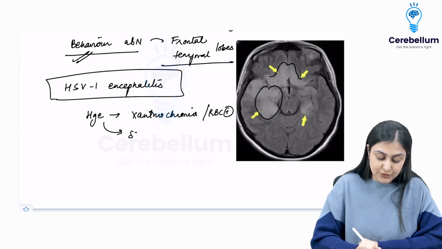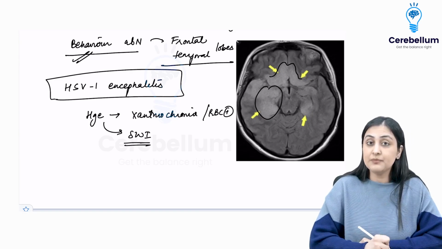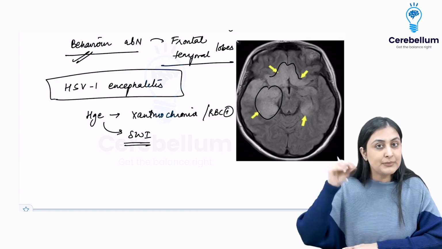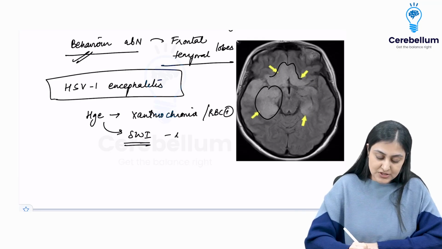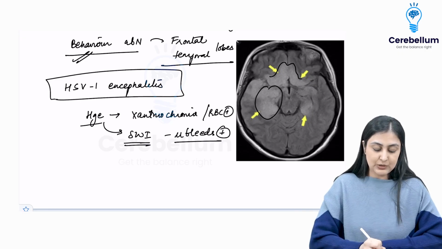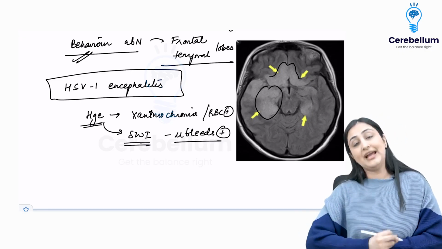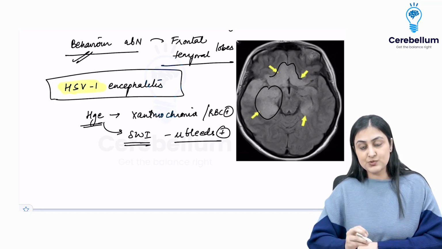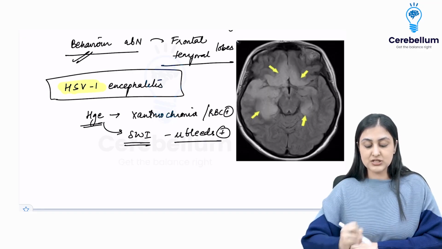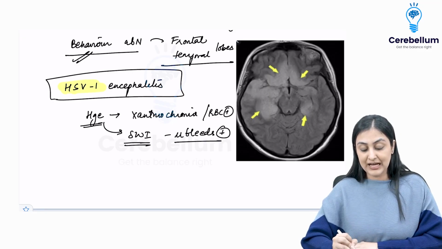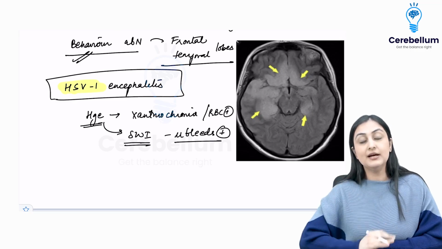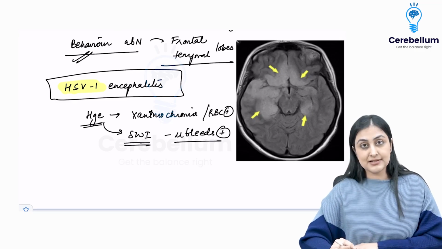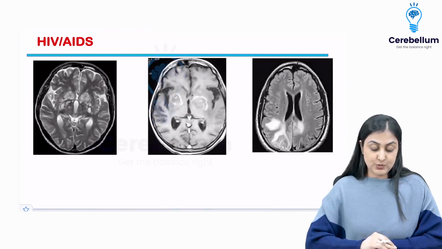And on imaging, if you do a susceptibility weighted imaging, remember that we saw for diffuse axonal injury, there also we were picking microbleeds. So here also on susceptibility weighted imaging, we can actually pick up microbleeds because this is a hemorrhagic encephalitis. Okay, so these are the salient features of HSV. You can diagnose it on the basis of the sites which are involved. You will have hyperintensity and swelling, edema of the cortex here. Okay, so this is HSV.